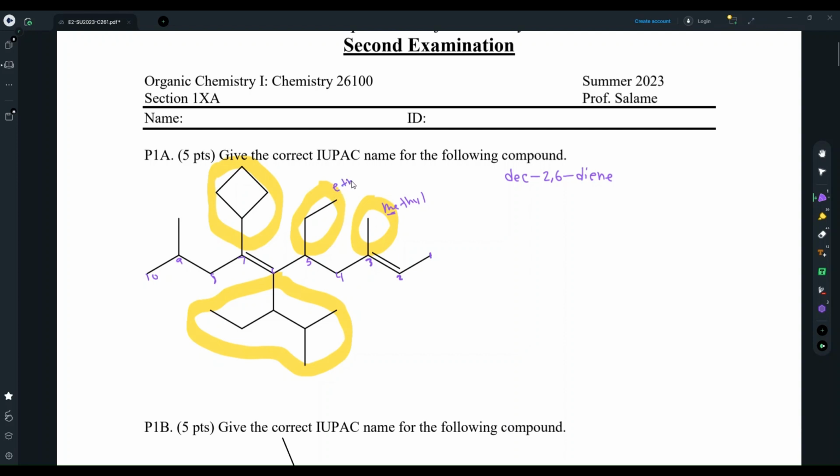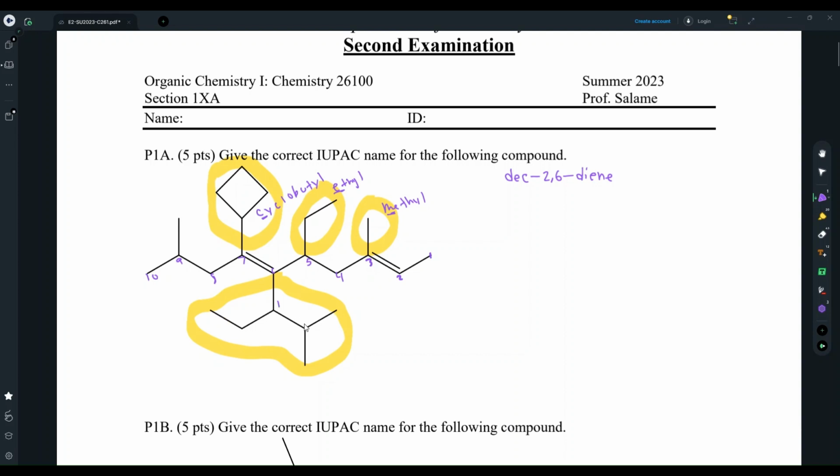We have ethyl here. We have a cyclo, and then I could just tell from looking at it, it's a butyl. So 1, 2, 3, 4, 4 carbons, butyl. For cyclos as substituents, the C is the first letter we're going to take. Then we have this big chain right here, which is 1, 2, 3, or 1, 2, 3.